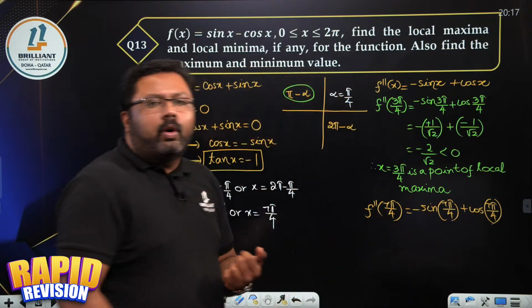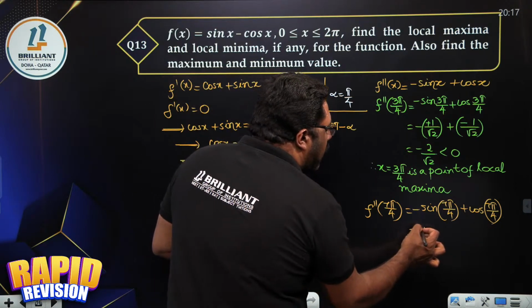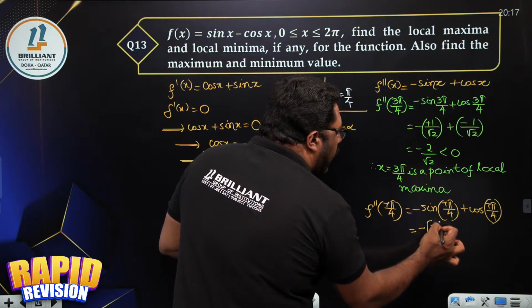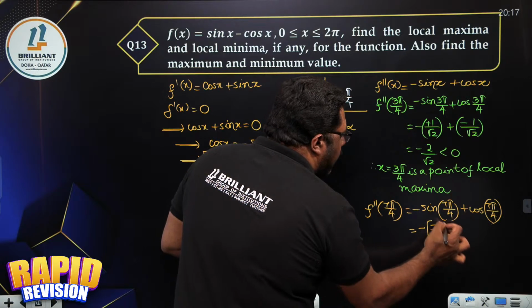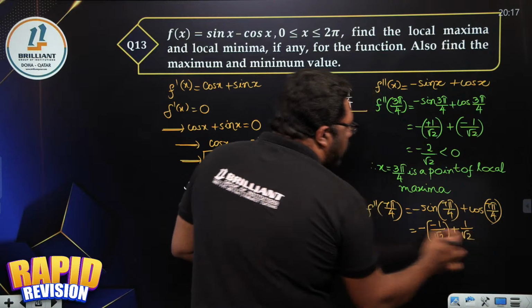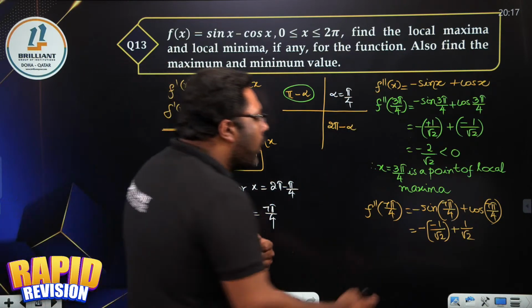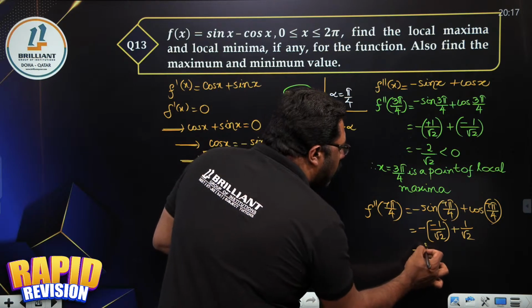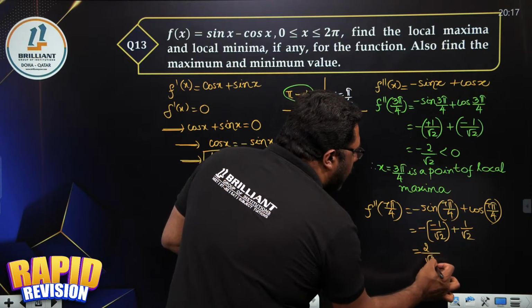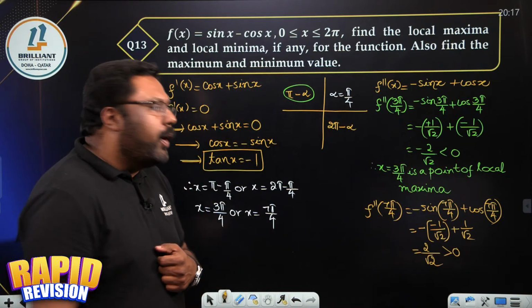It's again pi by 4, value is 1 by root 2. The only confusion is the sign. We know that in the fourth quadrant sine is negative but cos is positive. So minus of minus 1 by root 2 is 1 by root 2. 1 by root 2 plus 1 by root 2 is 2 by root 2. It's a positive answer.